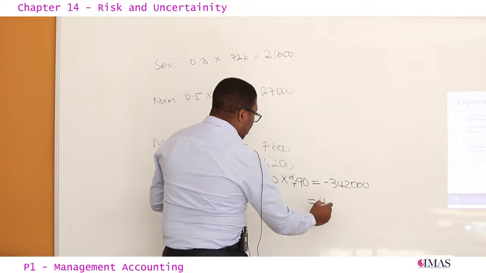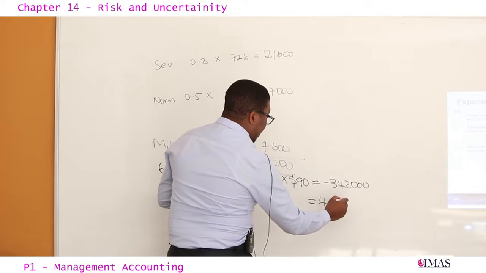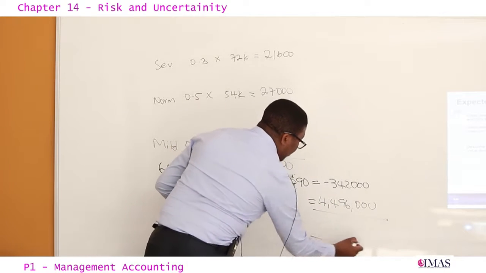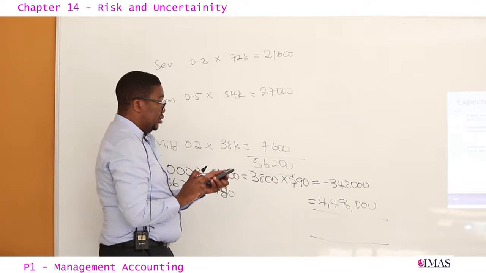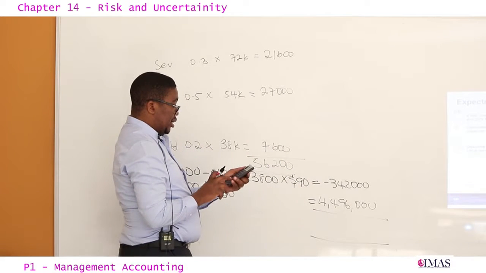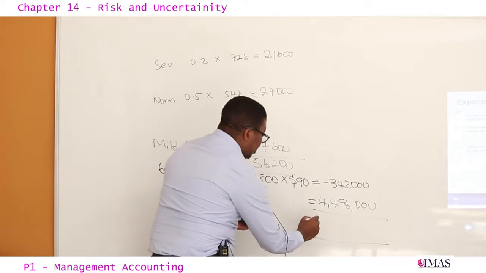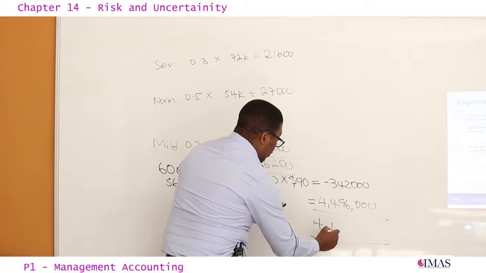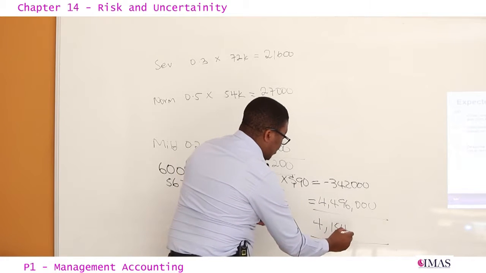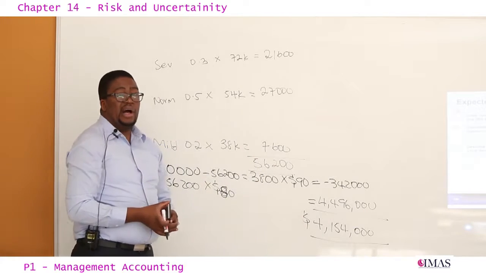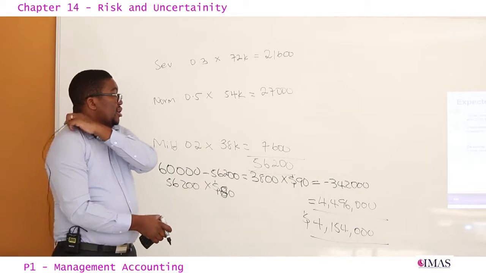It is 4,496 thousand. The net profit that we're going to make is the 4,496 minus the 342, which is 4,154,000. That's how you're going to calculate the profit.